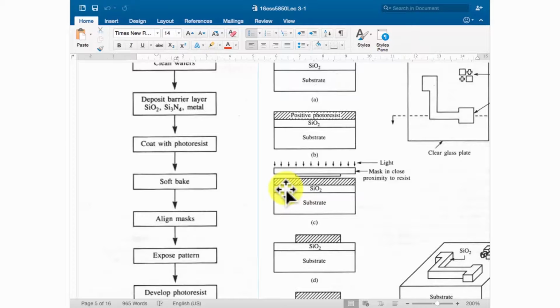Remember, the photoresist is sensitive to light exposure. For positive photoresist, when light is exposed onto this area, the chemical structure changes from hydrophobic to hydrophilic. So later in the developer, the exposed part will be developed away, dissolved away.